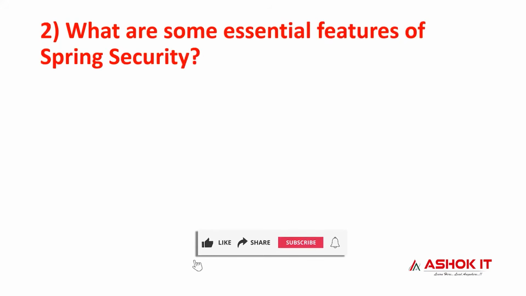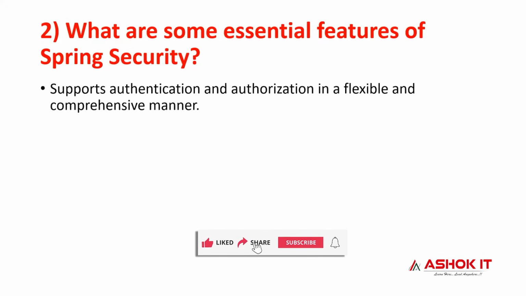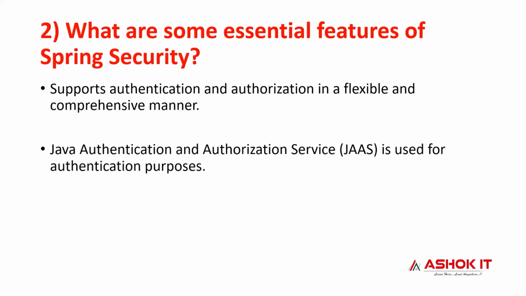Second question, what are some essential features of Spring Security? The main feature is to handle authentication and authorization in a flexible manner, as required by your application. Java Authentication and Authorization Service, JAAS, is actually a module given by Sun Microsystems, of course now part of Oracle. Spring Security is implemented using this.